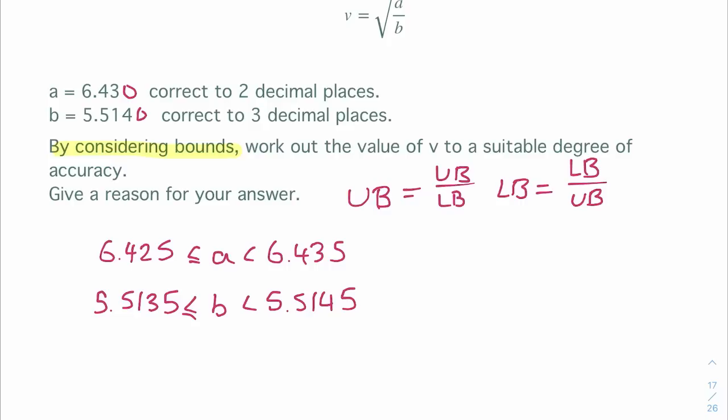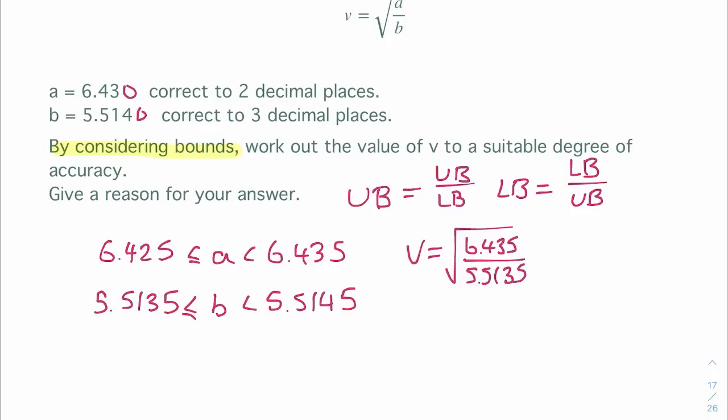So our formula then, putting these values in. So for the upper bound, we're going to do v is equal to the square root of, and we want the upper bound of A, so 6.435, and we want the lower bound of B, so 5.5135. And that's going to give us our upper bound.